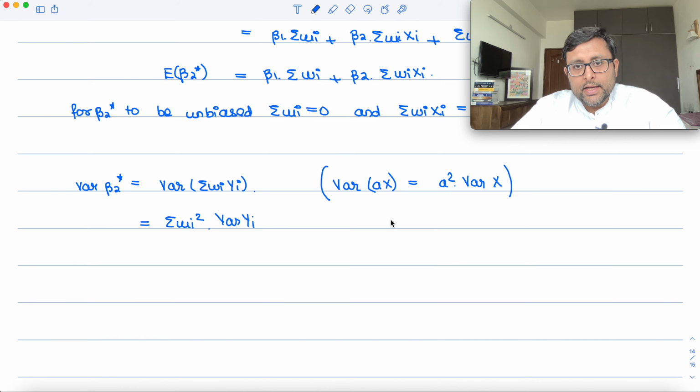Then you said that yi is equal to beta 1 plus beta 2 xi plus ui. Beta 1 plus beta 2 xi is a deterministic term, a non-random component, and ui is the random component.